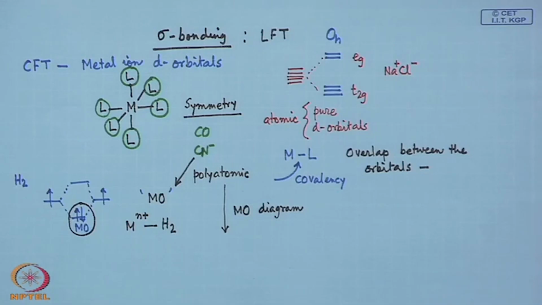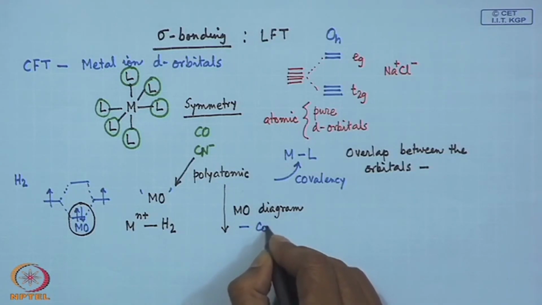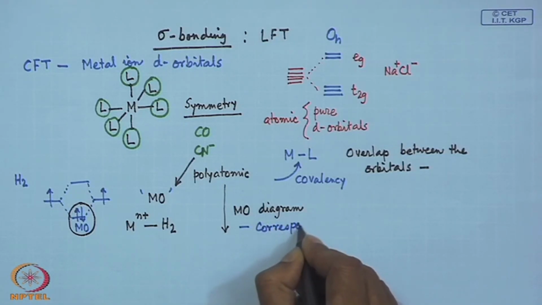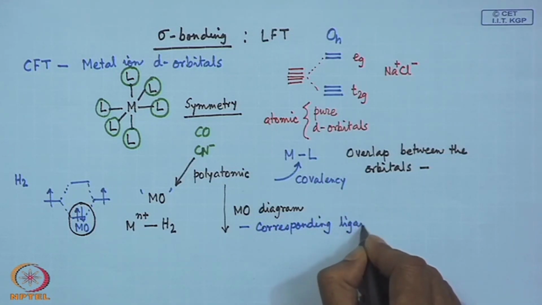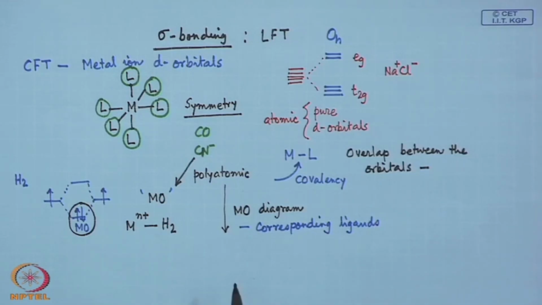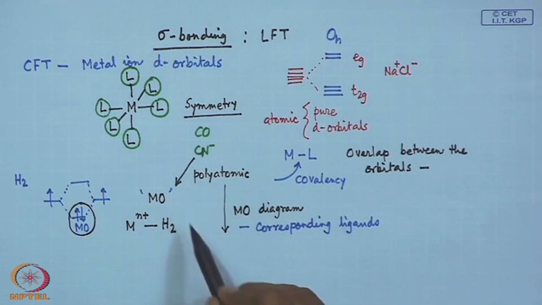These molecular orbital diagrams we must have for the corresponding ligands. First, we must have the molecular orbital diagram from the ligands, and these molecular orbitals from the ligand side can show some interaction with the corresponding molecular orbitals from the metal side.